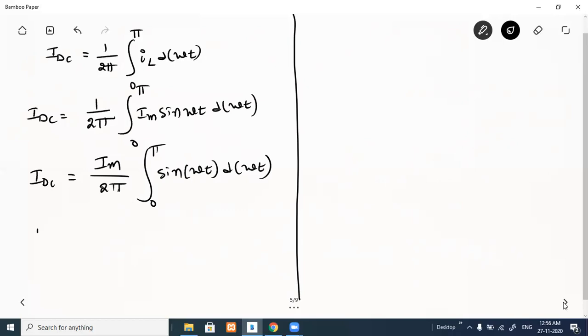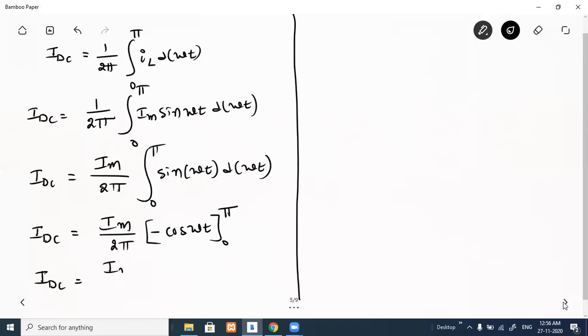After applying the integration, IDC equal to Im by 2 pi times minus cos omega t with limits 0 to pi. If you apply the limits, IDC becomes Im by 2 pi into, minus cos pi, which is minus 1. So minus into minus is plus 1. Cos 0 equal to 1.